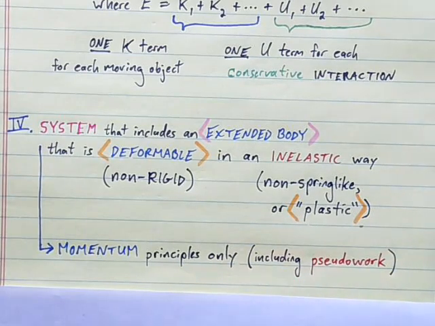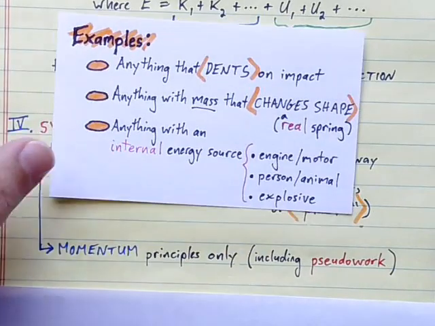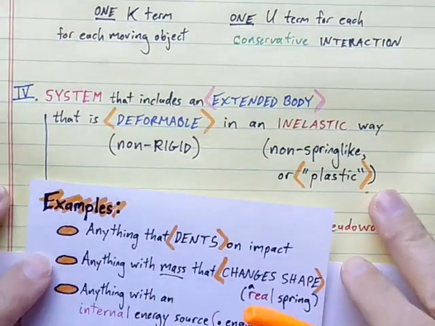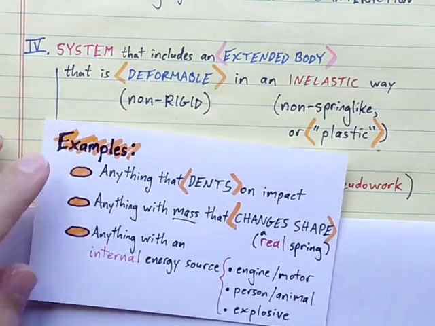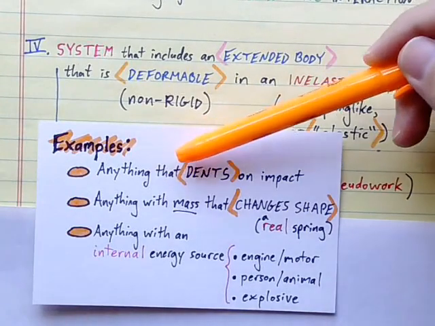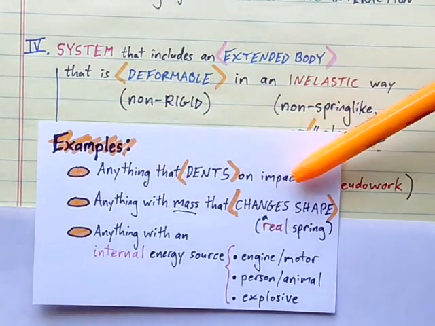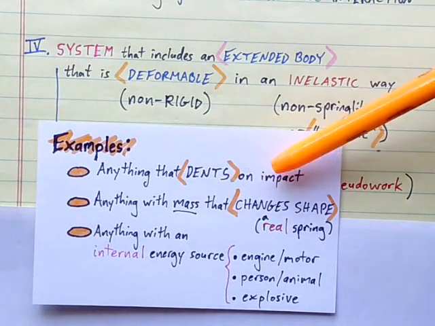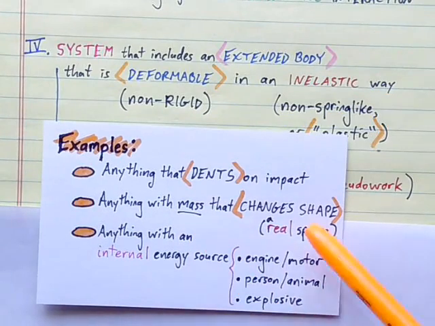So just to be clear, here are some examples of the kind of system I'm talking about here. An extended body that is deformable in an inelastic way. This would include anything that will dent upon impact, dent permanently and not bounce back to its original shape. Anything with mass that changes shape.